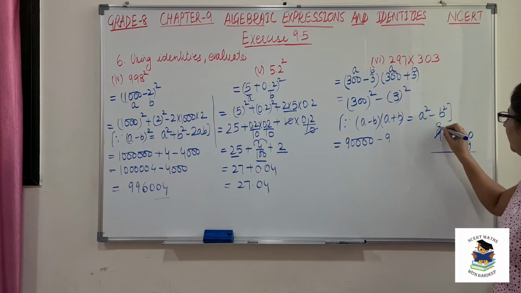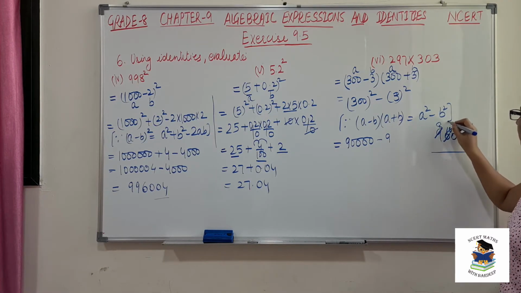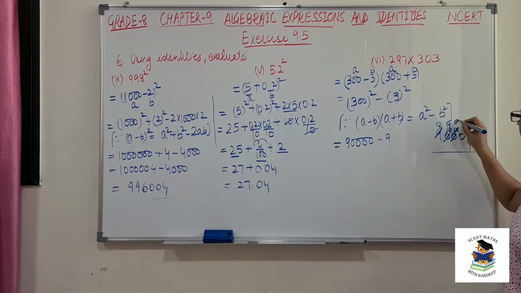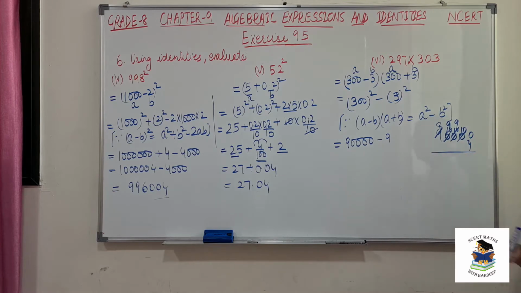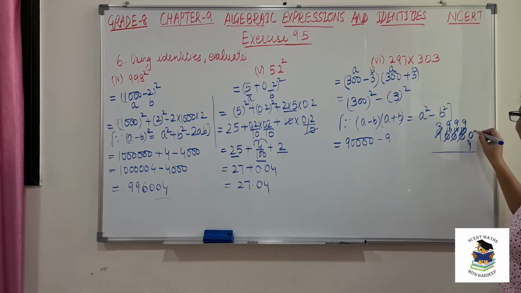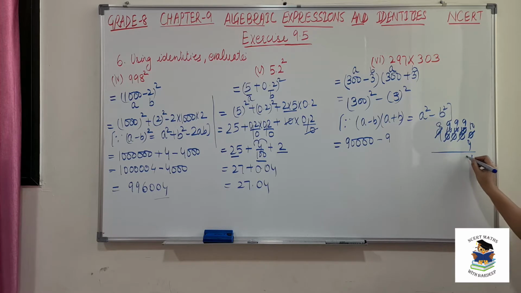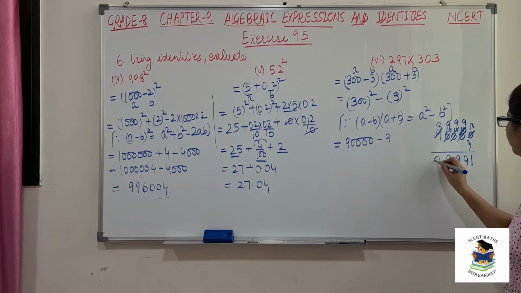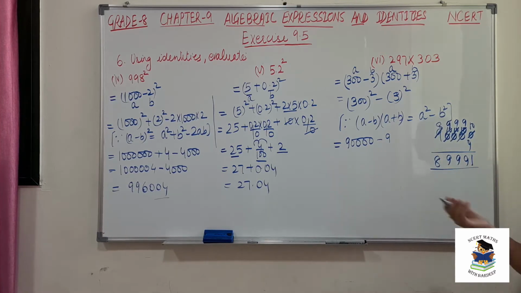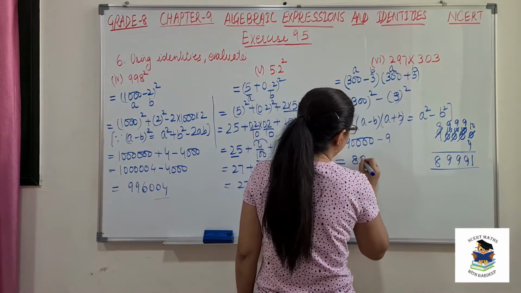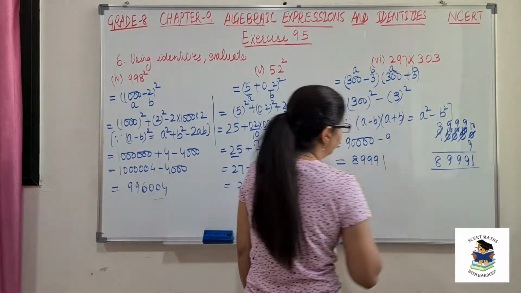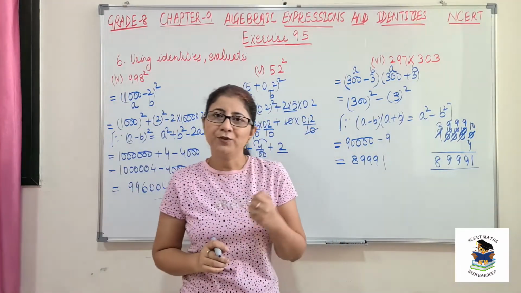I think you don't need me to explain these calculations to you. So here we have 10 minus 9 as 1, 9, 9, 9, 8. This must be clear to you from your lower grades. So here we get the answer as 8,991. Okay. This is the solution of the 6th part.